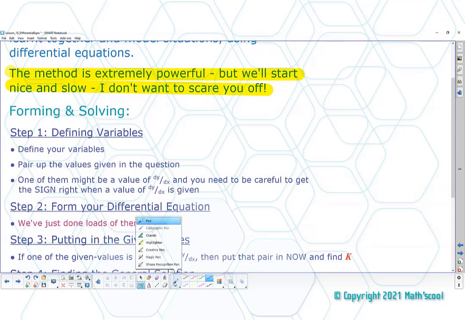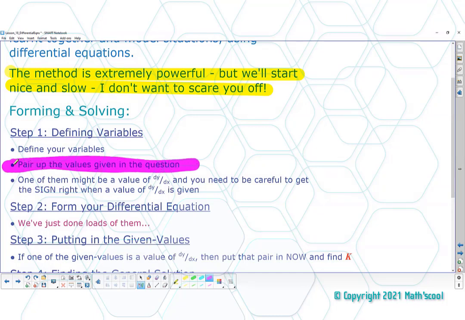Now the questions will have numbers in them. So the next thing you do is pair up the values that you're given in the question. Write down what numerical information they've given you. In particular, if one of the values is a value of dy by dx, then you need to be careful to get the sign correct.